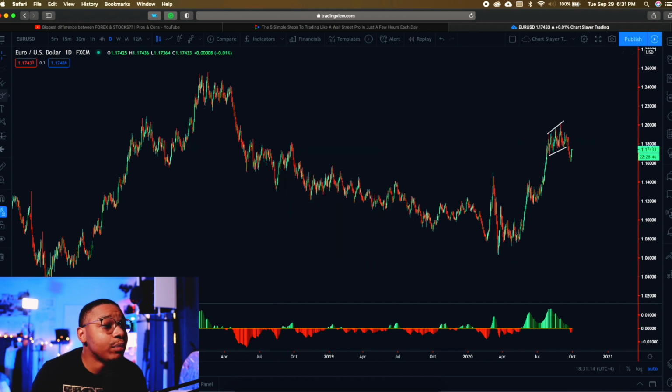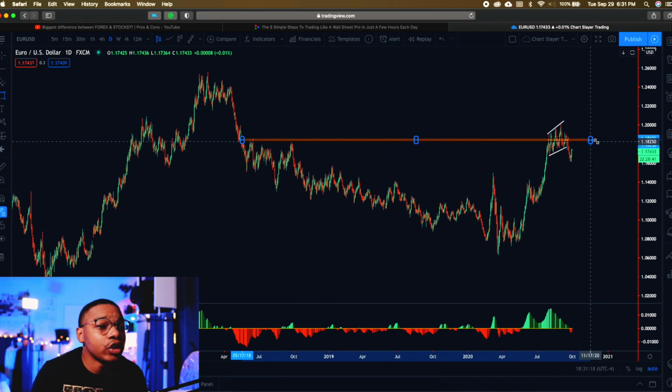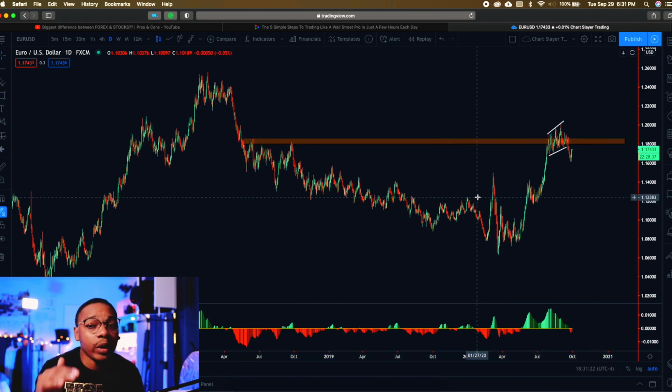This is where a lot of people would use a specific zone instead of lines, because with lines you can pick and choose which area you want to go to, and that could, in the long run, fluctuate your entry, right? But at the end of the day, you know that in that area, even though I use a line, I use a line as an area, like this zone, not as a specific 'let me sell or buy at that level.'